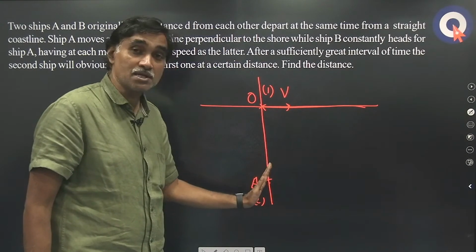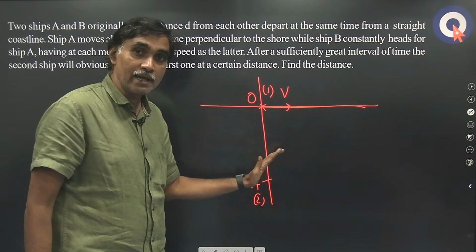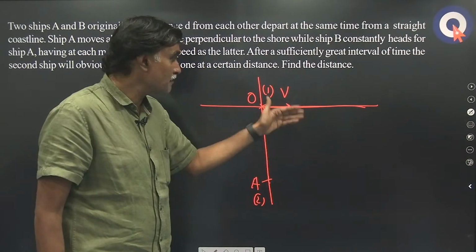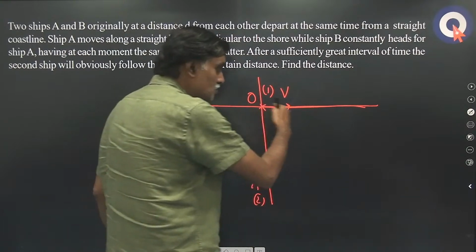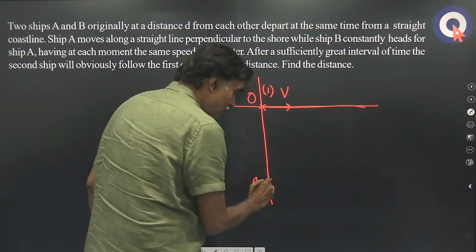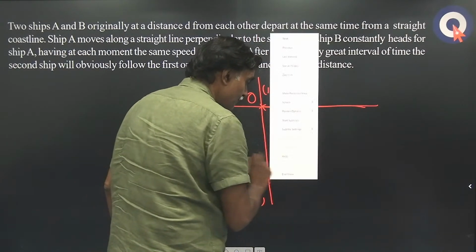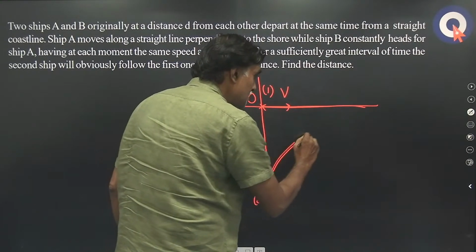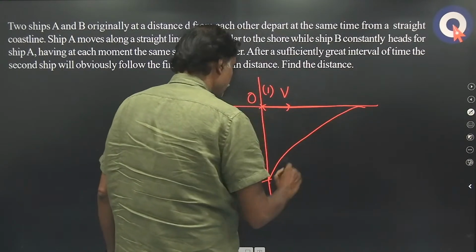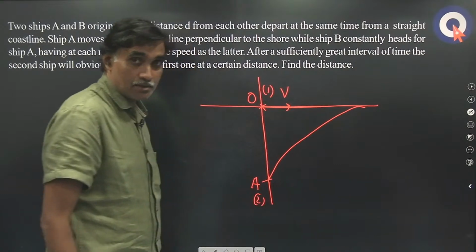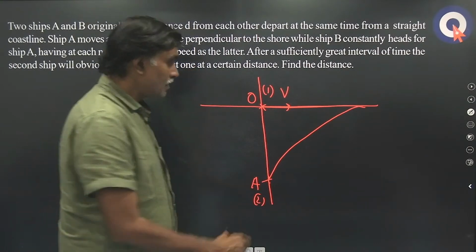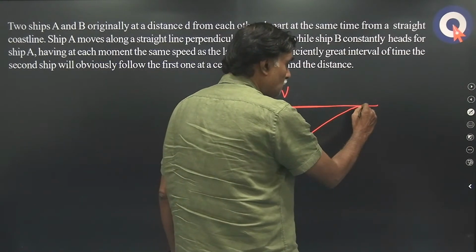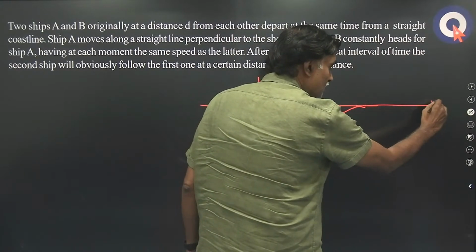Its velocity is always directed towards the position of ship 1. So ship 1 is going like this with constant velocity, but ship 2 is going like this, where its velocity is continuously changing its direction. Then when finally ship 2 comes onto this line, ship 1 will be somewhere here.